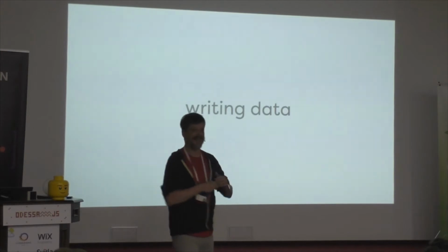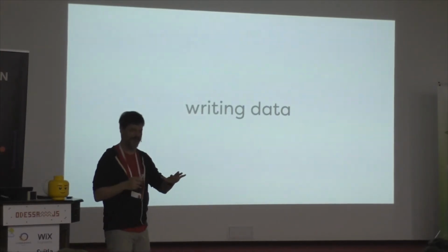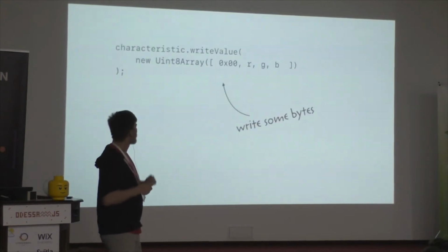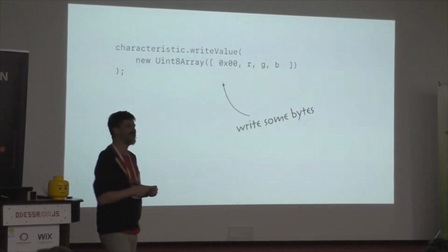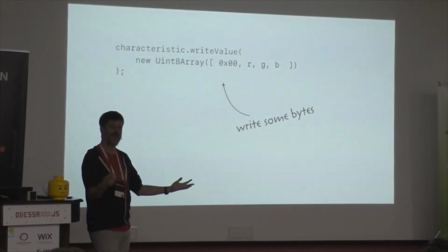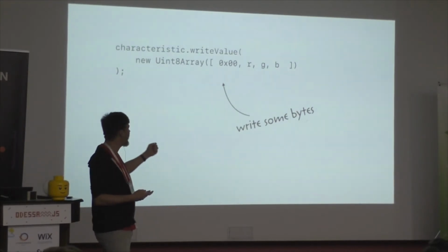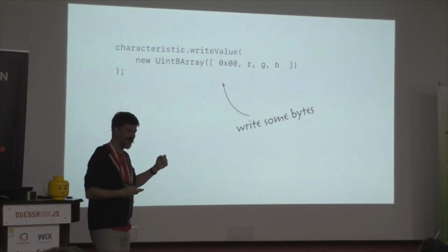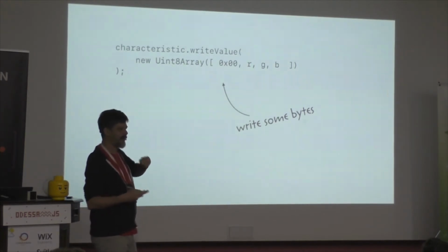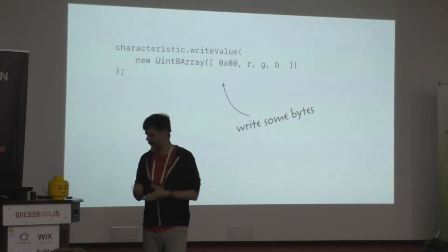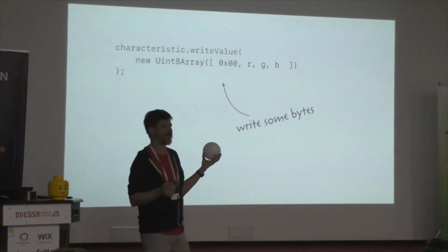Like writing data, fun. Just a moment, fun, yeah. So we call writeValue on the characteristic with an array of bytes. And these are the bytes we've already looked at. We have 0, 0, and then R, G, and B. So this light bulb, I have it here, it has 4 LEDs in it.